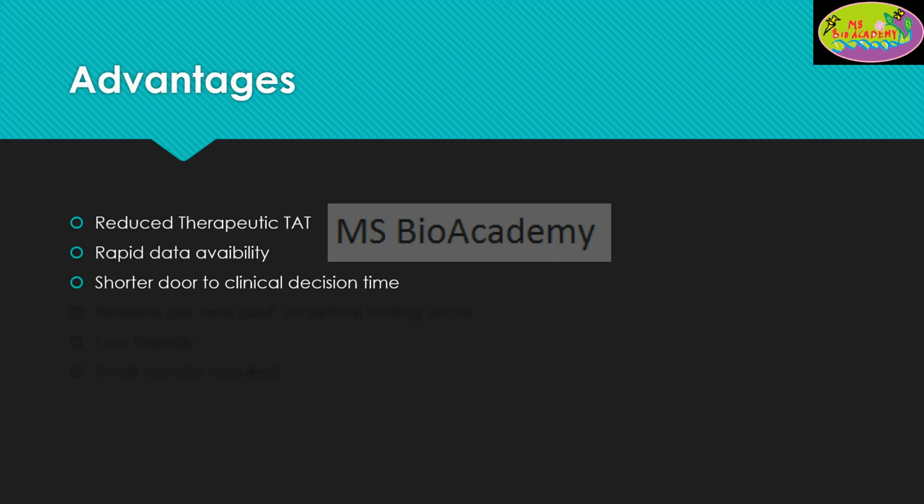Shorter door to clinical decision time. Reduced pre and post analytical testing errors. Why? Since only one sample is involved and we are only testing ourselves, no cross contamination can happen due to multiple samples.